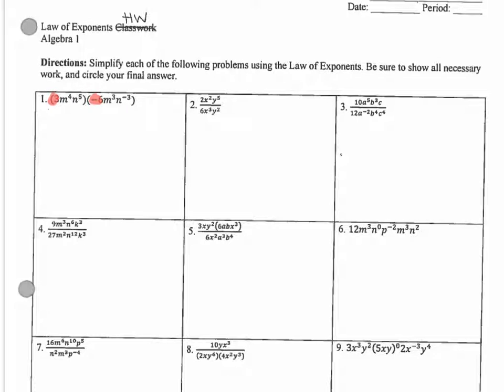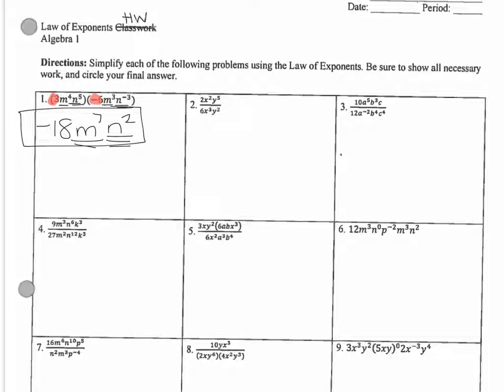What do you do with coefficients? You multiply them together. I get negative 18. So now I have m to the 4th and m to the 3rd. So what do I do to the exponents? I add them. So m to the 7th. And then I have n to the 5th and n to the negative 3rd. So 5 and negative 3 make 2. I know I'm done because m is seen once, n is seen once, and there are no negative exponents.